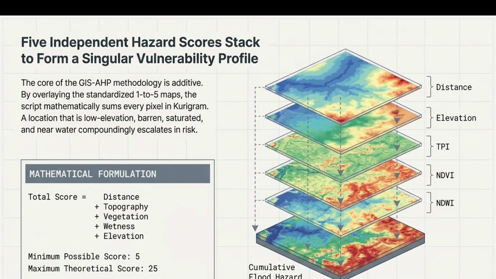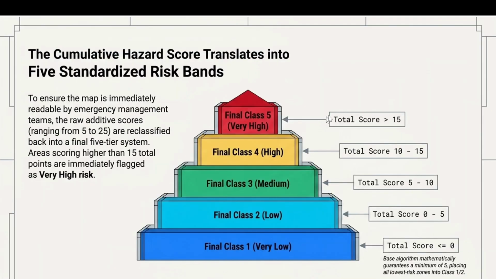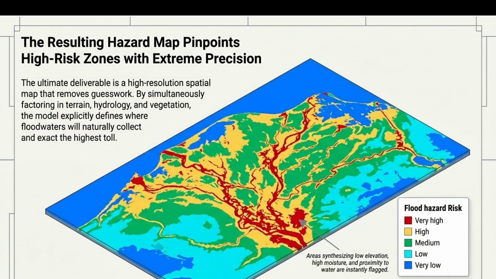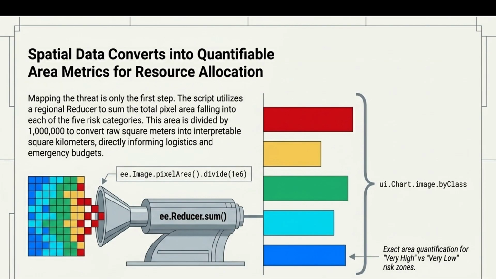After stacking all the factors, we apply these ranges to identify the classes, and finally we represent the hazard map. We can easily identify where the very low, very high, high, medium, and low flood areas are.